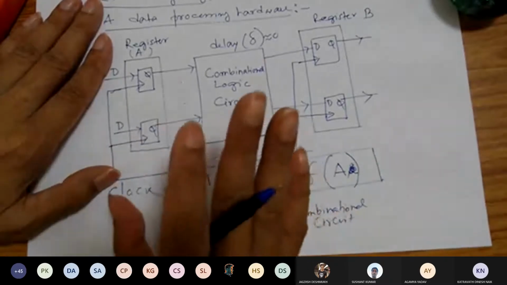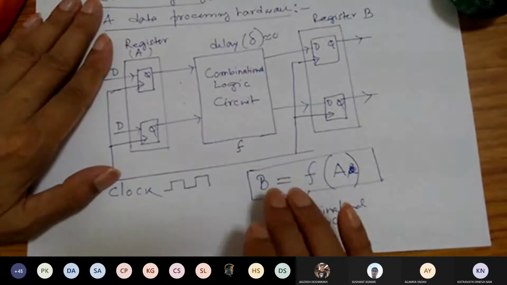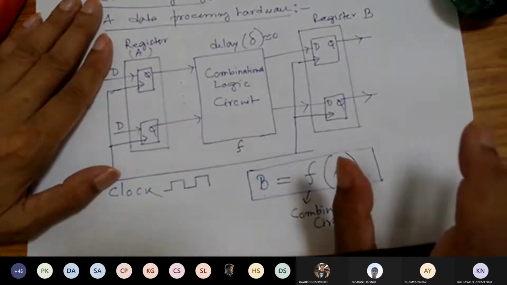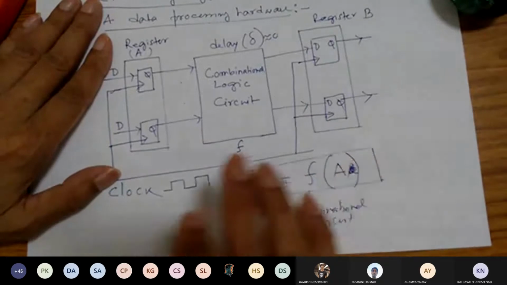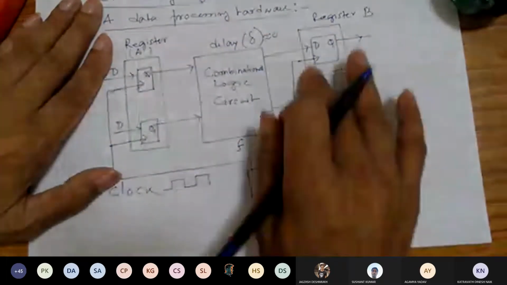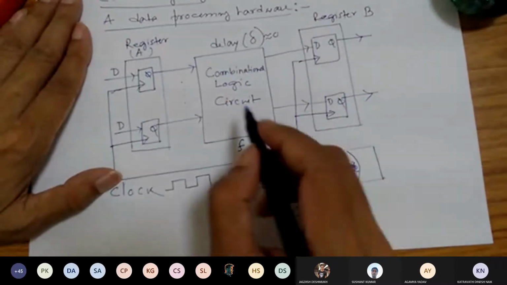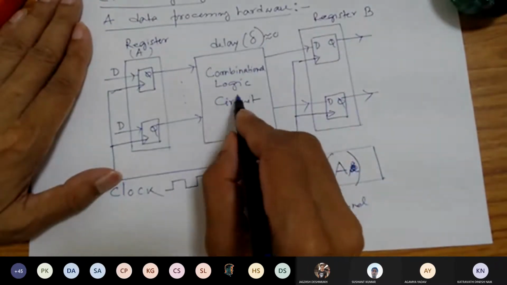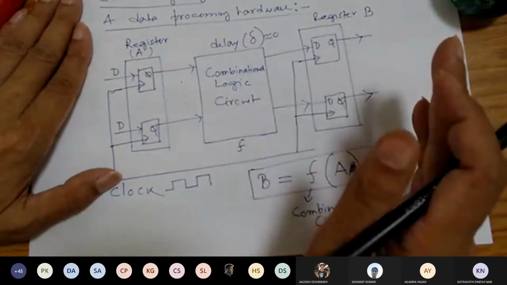And all such units that we have talked about earlier perform something like this. Our objective is to implement these functions within a framework like this. So this is a generic circuit representation of data processing hardware. What can be the combinational logic circuit? It depends on what you would like to do.